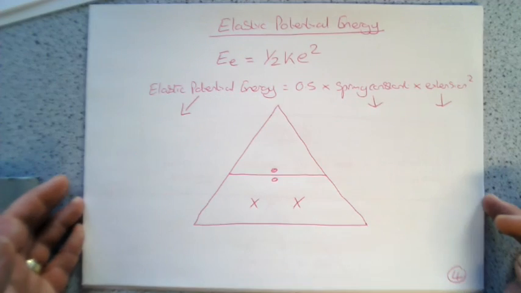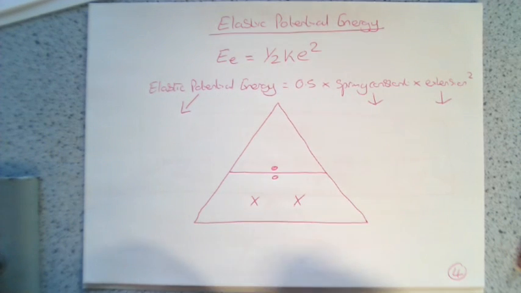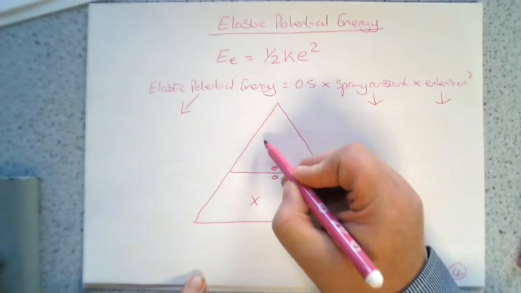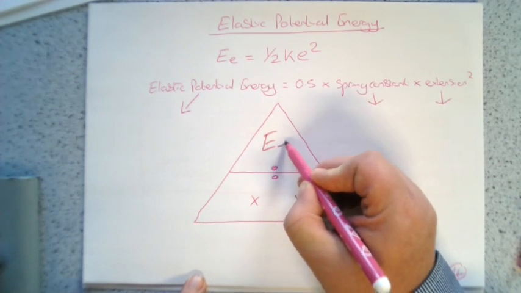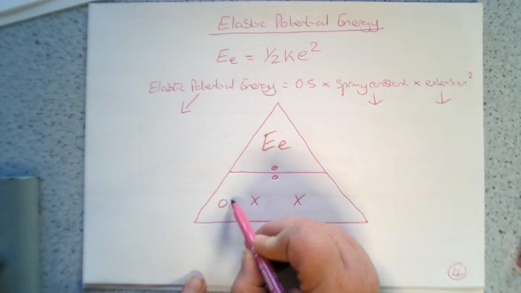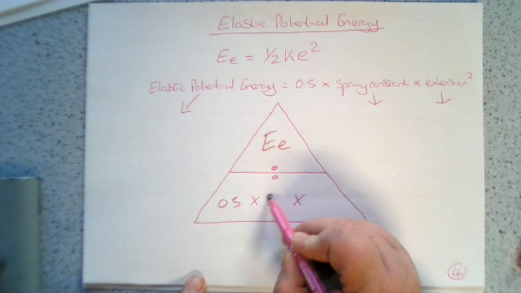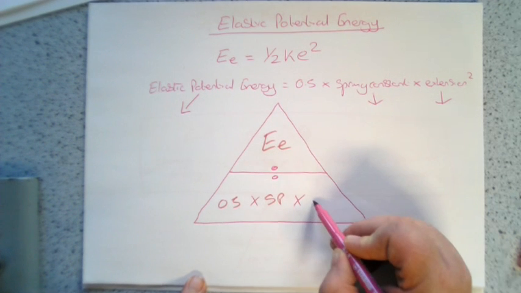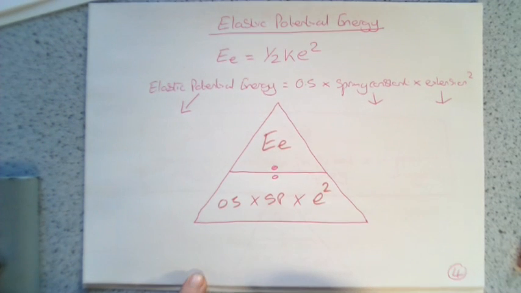So the key thing here is being able to calculate one or other of the component parts. So again, thinking about our formula triangle, elastic potential energy, its symbol is EE, goes at the top. The rest of the numbers go at the bottom, okay? Spring constant, just put SP there, and extension, but extension is squared, okay?